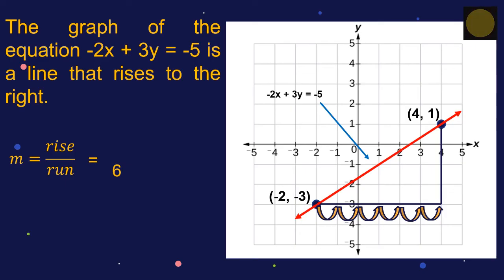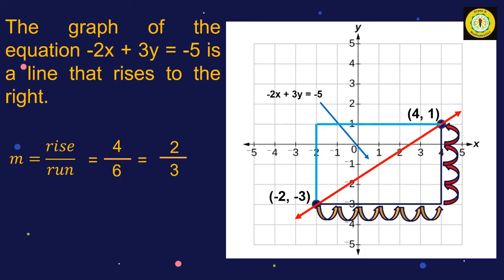Positive siya kasi going to the right tayo. Next, rise naman. 1, 2, 3, 4. So we have 4. Positive siya kasi pataas tayo. So simplify 4 over 6. We have 2 over 3. Pwede rin kayong magsimula dito sa kabila. Same pa rin po yung makukuha nating answer.